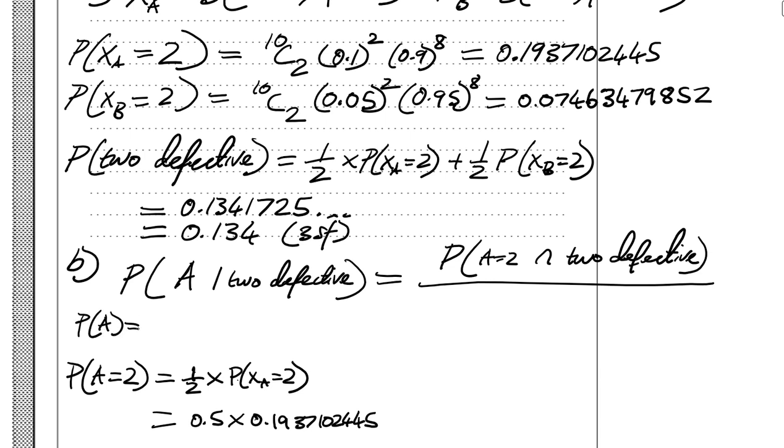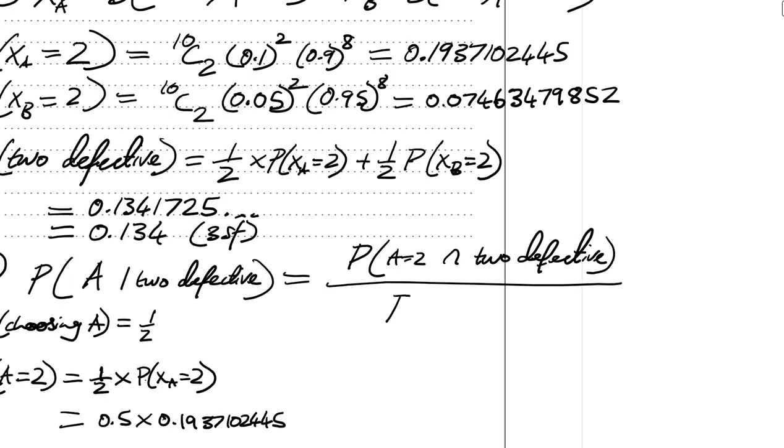Probability of choosing A is equal to half, and the probability that A is equal to 2 is all of this. Let's make it as clear as possible. And what is this? This is the probability of 2 defective.